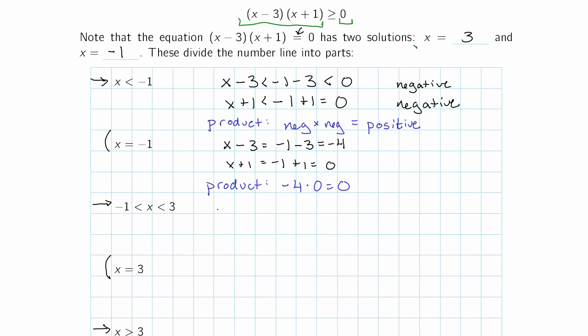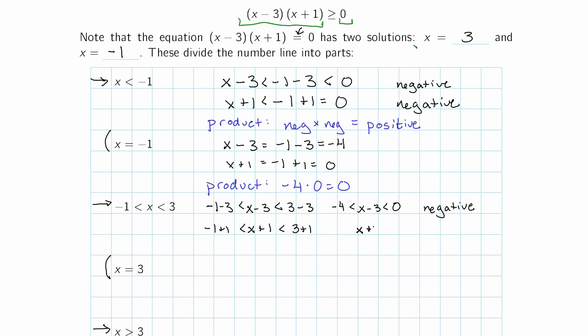If x is between negative 1 and 3, then x minus 3 is between negative 1 minus 3 and 3 minus 3. So x minus 3 is between negative 4 and 0, which means that x minus 3 is still negative. On the other hand, x plus 1 is between negative 1 plus 1 and 3 plus 1.